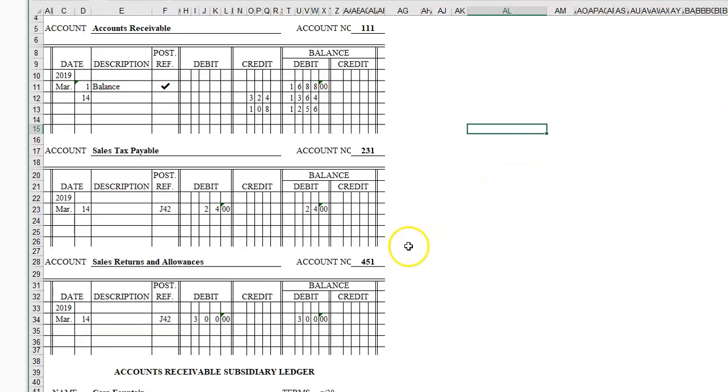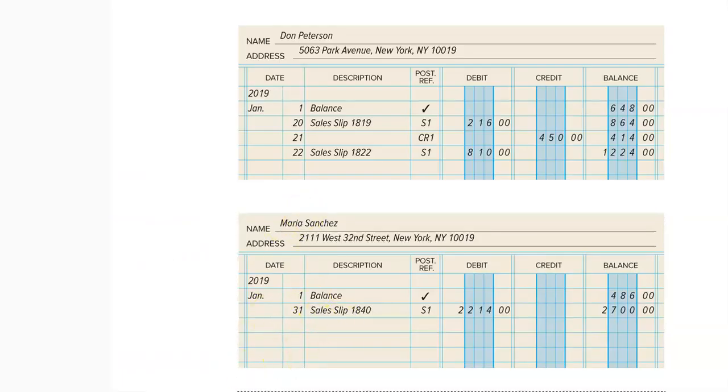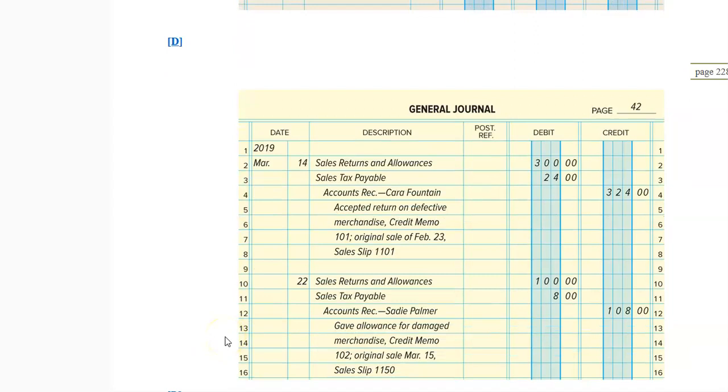Okay. We now have to do the sales tax. I don't think there was sales tax in the first one, but there's sales tax in the second one. Sales tax there is 24. The sales tax is 8 here.